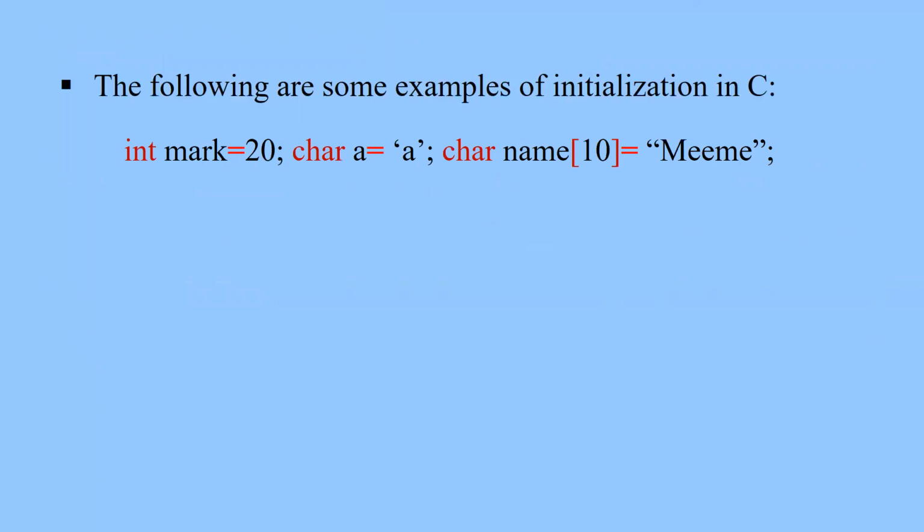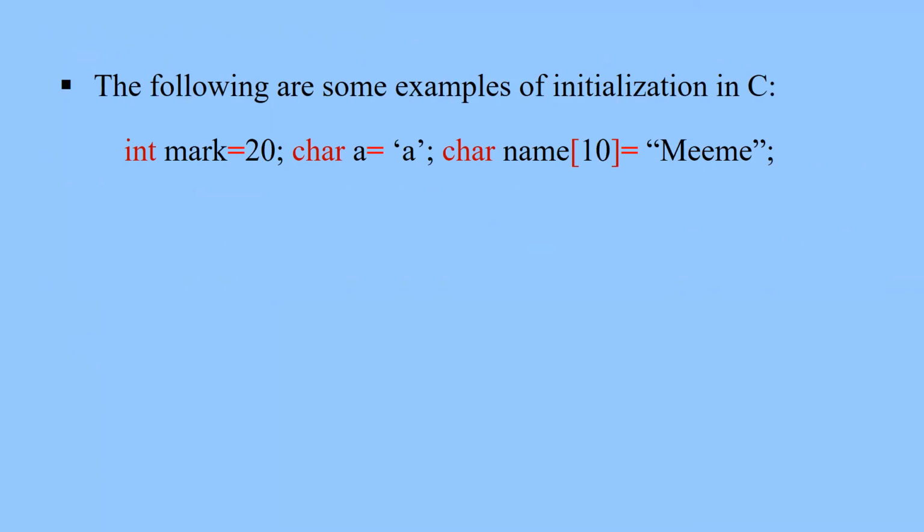So int mark equals to 20. We are setting a memory location aside called mark to hold a value that is a whole number, and a value is being assigned into it. In other words, it is being initialized with value 20. Set a memory location aside called A, which will hold data of type character.